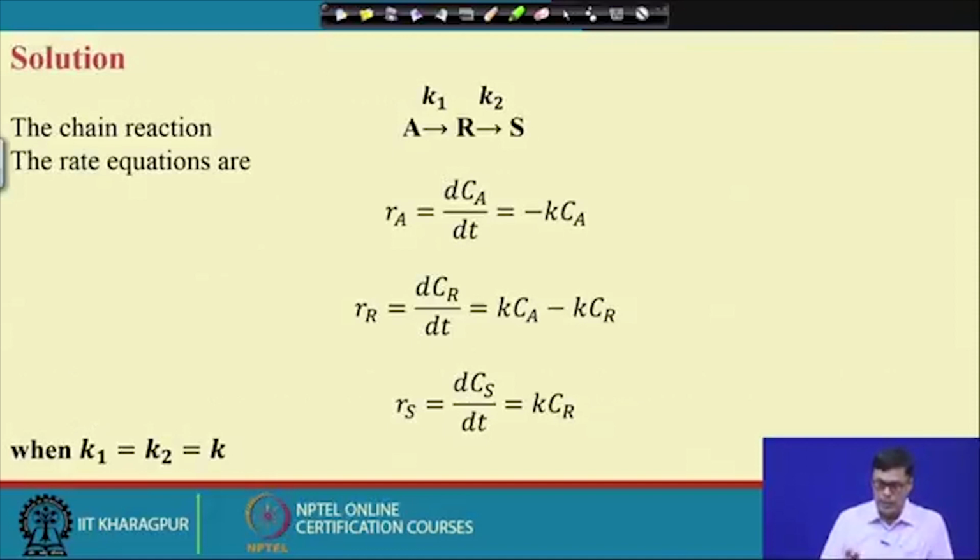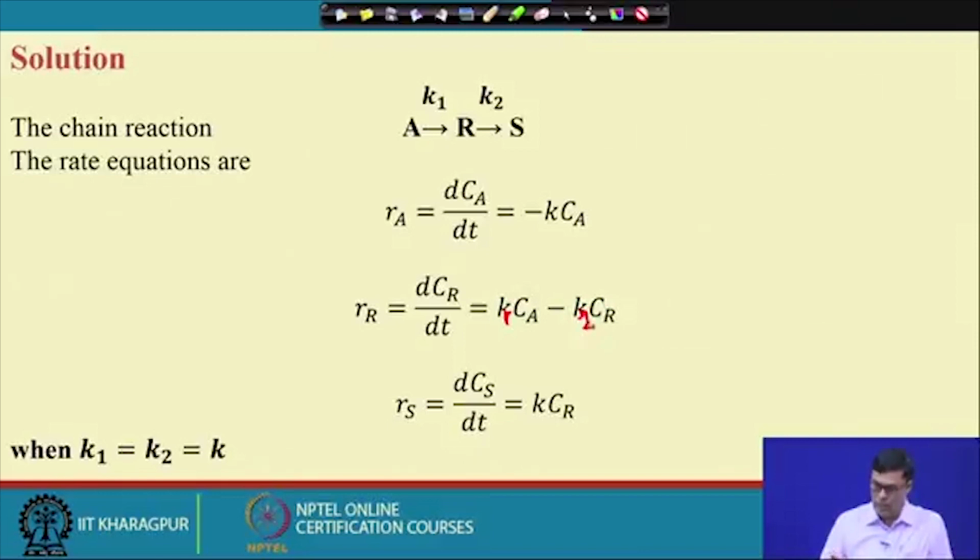Now, first we know that this equation we can write for the rate of degradation of A. It can be written as K1 into Ca. This will be K1 and this is K2.